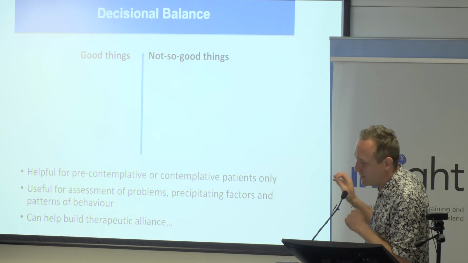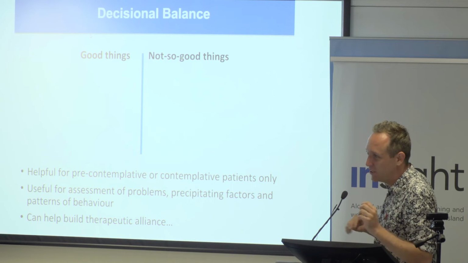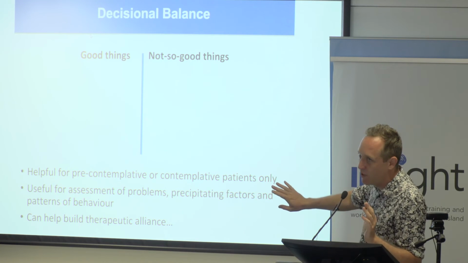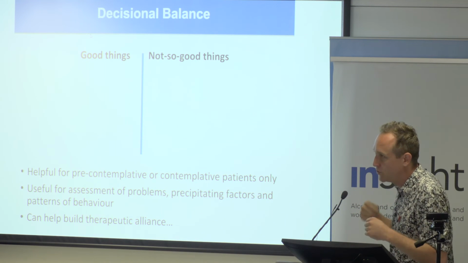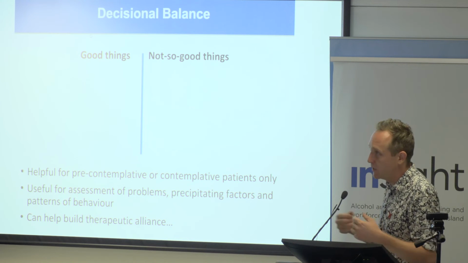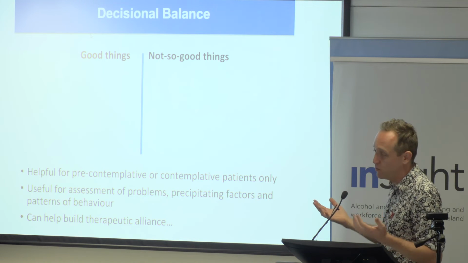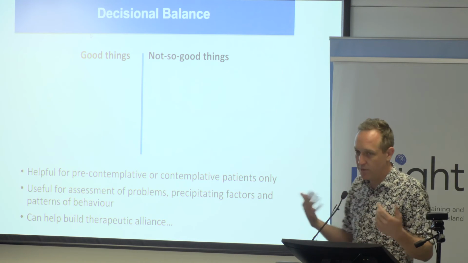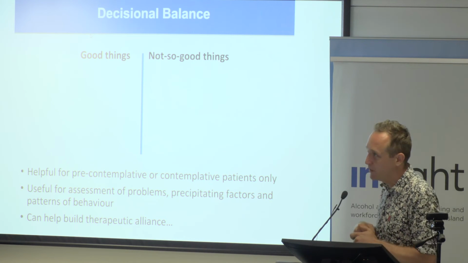If somebody's decided they do want to make change, we suggest it's not so helpful. We don't want to remind people about all the good things that they're potentially moving away from. But if you're trying to engage and develop a therapeutic alliance with someone you've never met, it could be a good way to start the conversation and build that connection in a way which seems very neutral and non-judgmental.